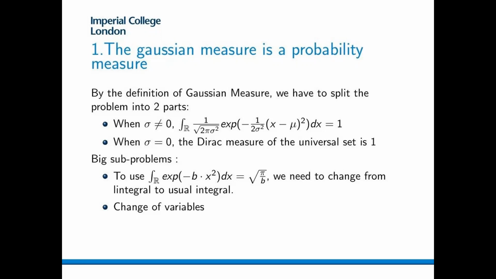Although we have a really good theorem called Gaussian integral, represented here in Lean, we still need to change from the lintegral form to the integral form, and then change variables so that we can apply the Gaussian integral theorem.